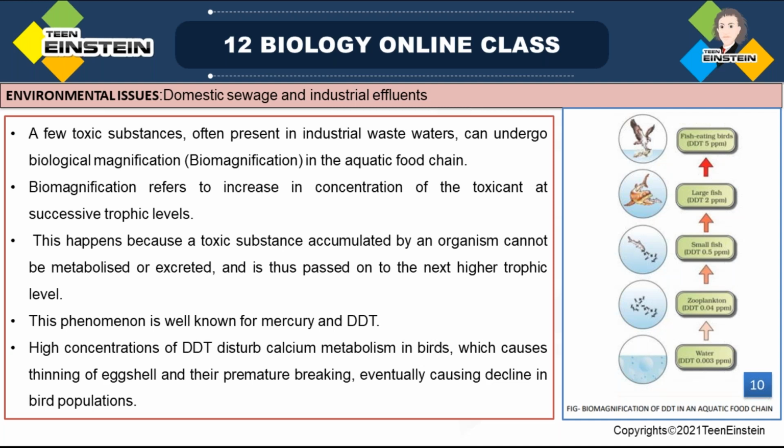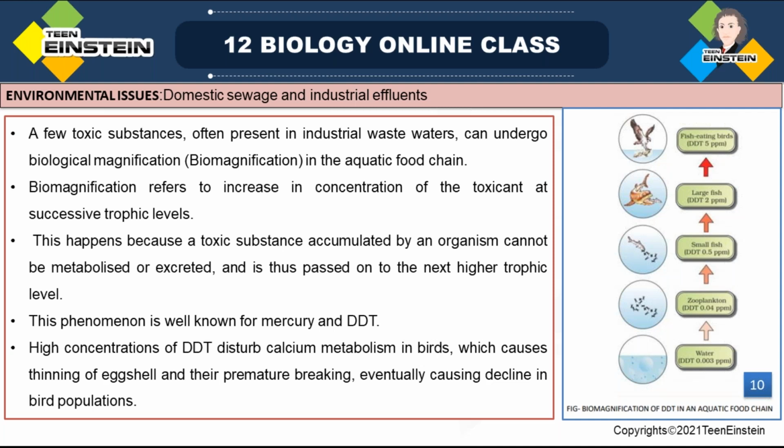So some toxic substances are present in industrial waste. When going from lower level to higher level due to biomagnification in the food chain, the concentration of that particular material is increasing at successive trophic levels. Why is it happening?